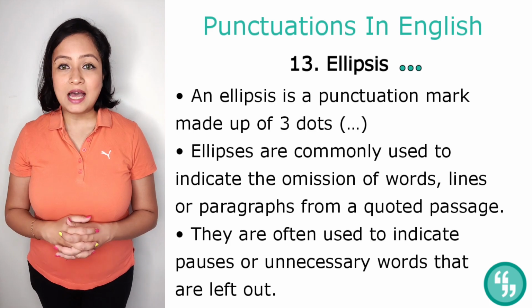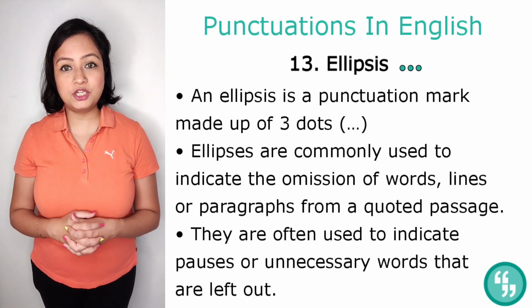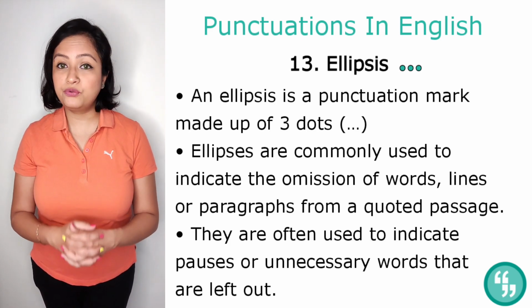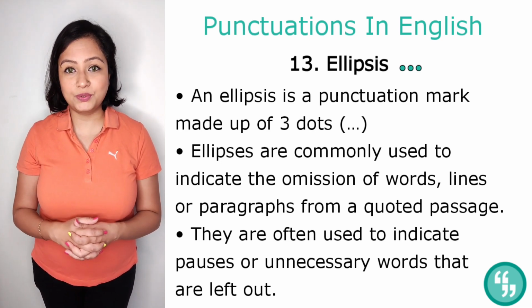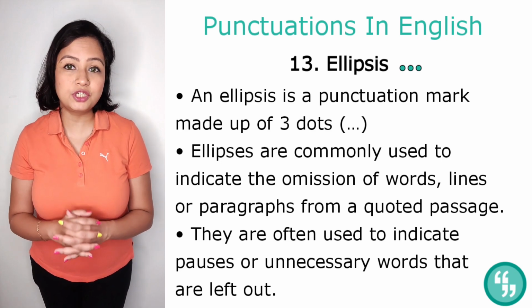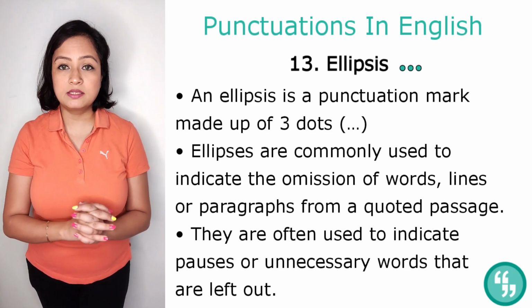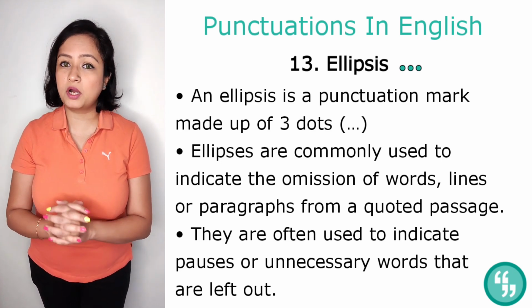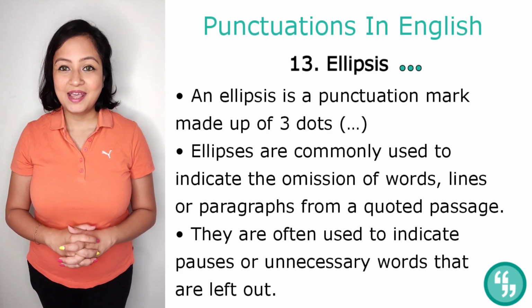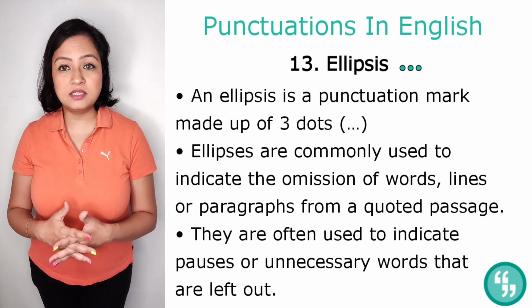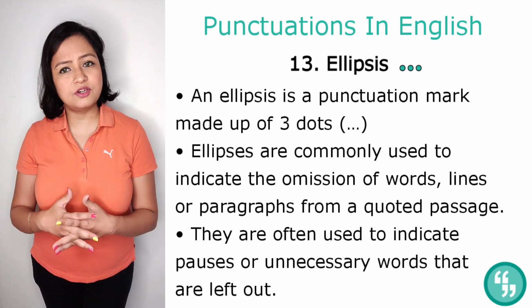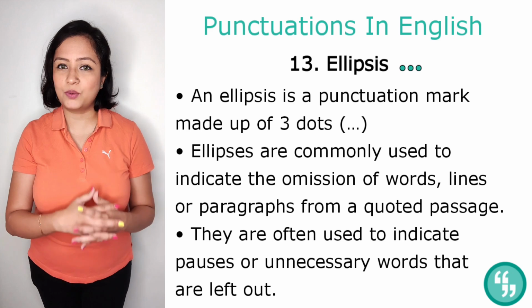Ellipses. An ellipsis is a punctuation mark made up of 3 dots. Ellipses are commonly used to indicate the omission of words, lines, or paragraphs from a quoted passage. They are often used to indicate pauses or unnecessary words that are left out.